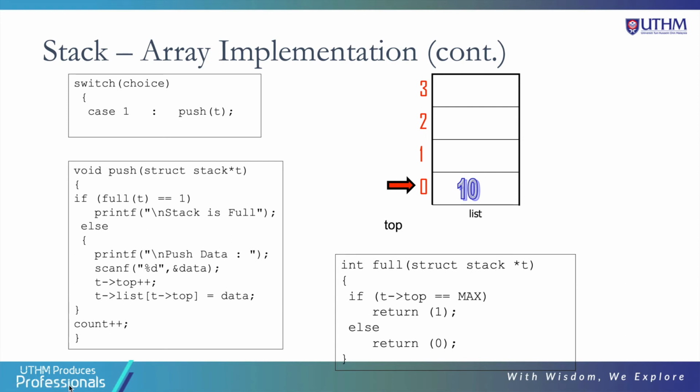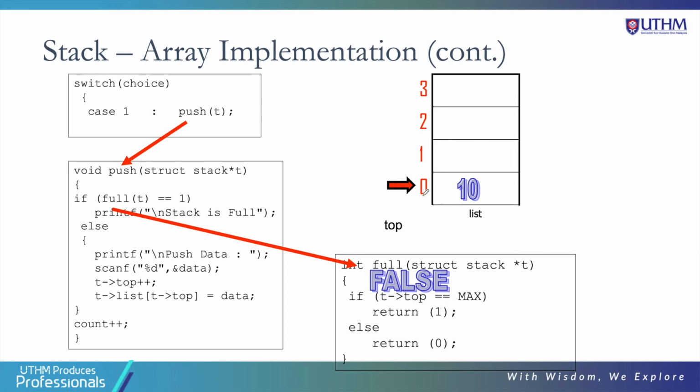So let's say the user wants to add another element inside the stack. It calls the push function again and verifies again, is the stack full? No, because top is not equal to 3.